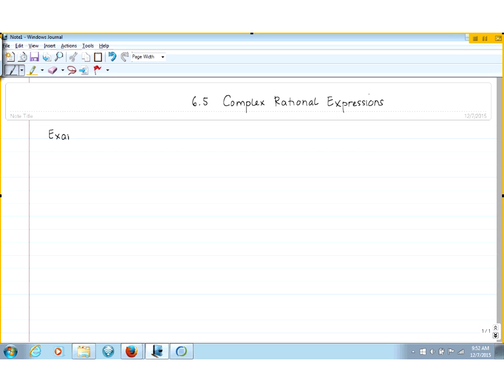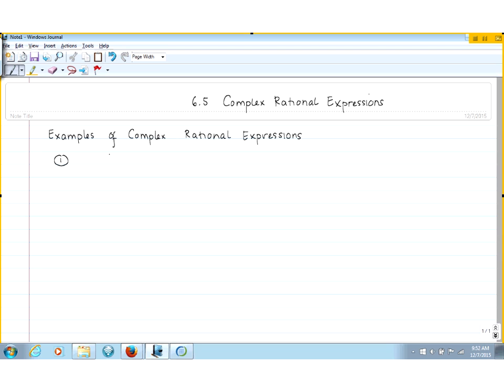Okay, so examples of complex rational expressions. So why is it called complex anyway? Because the denominator or numerator contains another fraction.